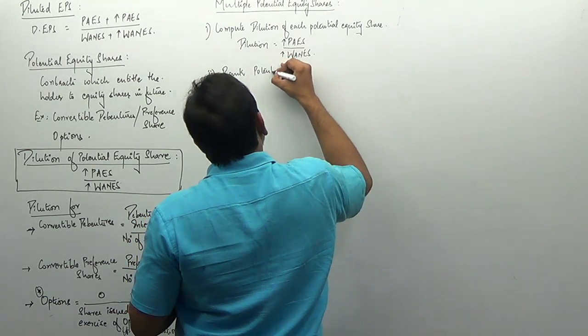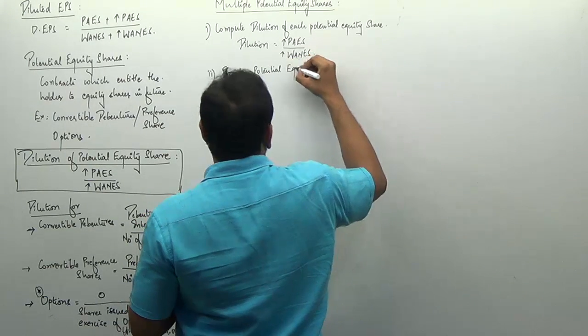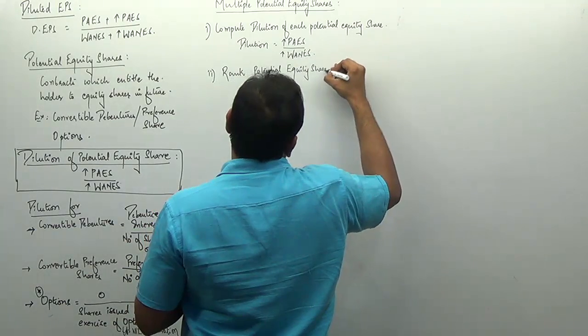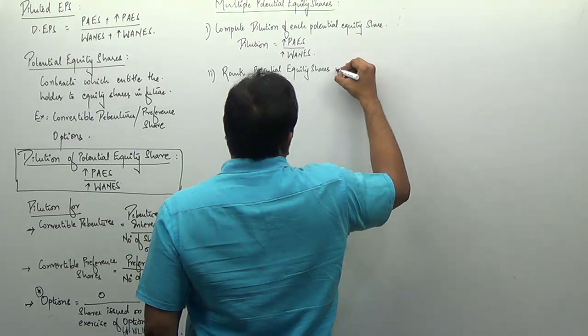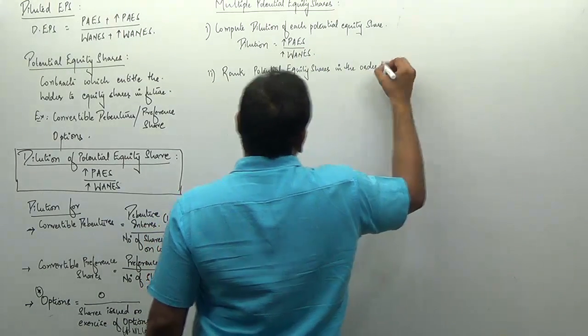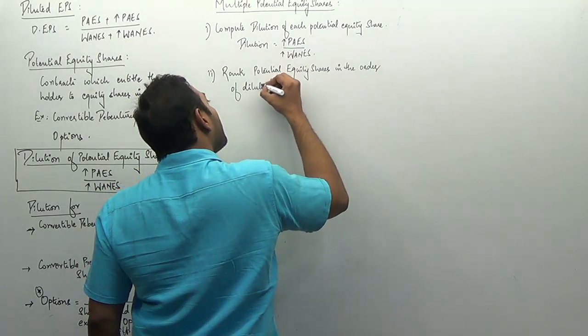Second, rank potential equity shares in the order of dilution impact.